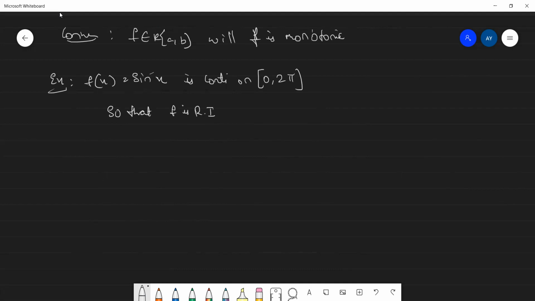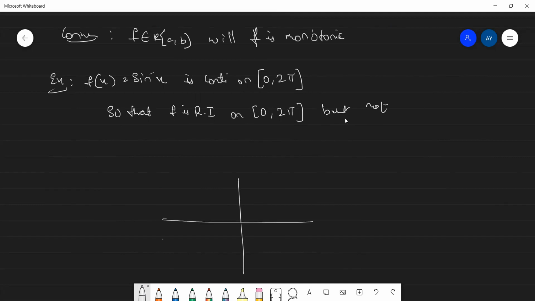So f is Riemann integrable on [0, 2 pi]. But this is not monotonic. That is, it should either be decreasing or it should be increasing. But these both are fluctuating.